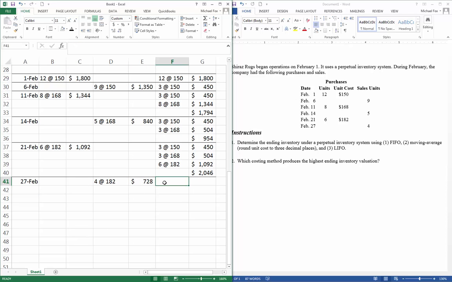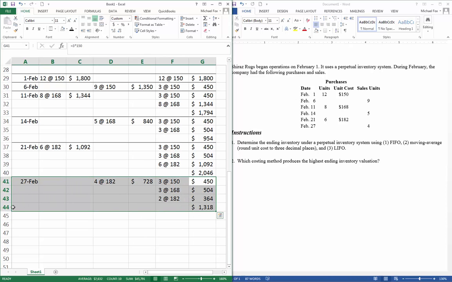And our remaining inventory is then going to be 3 units at $150, 3 units at $168, and 2 units at $182. And there is our ending inventory figure.